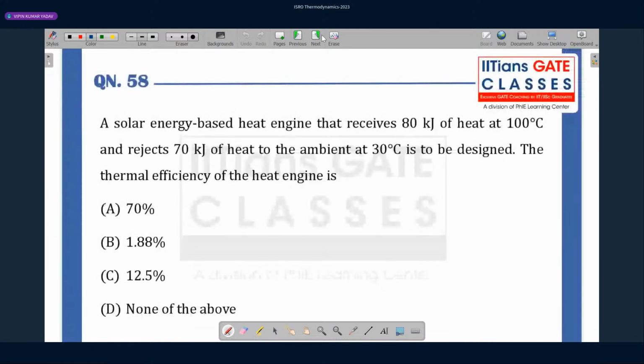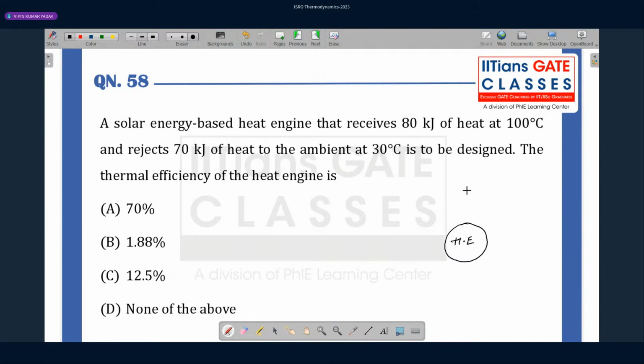Next question. A solar energy based heat engine receives 80 kilojoule of heat at 100 degrees Celsius. So basically you have a heat engine. Let us draw the heat engine. It is solar based.